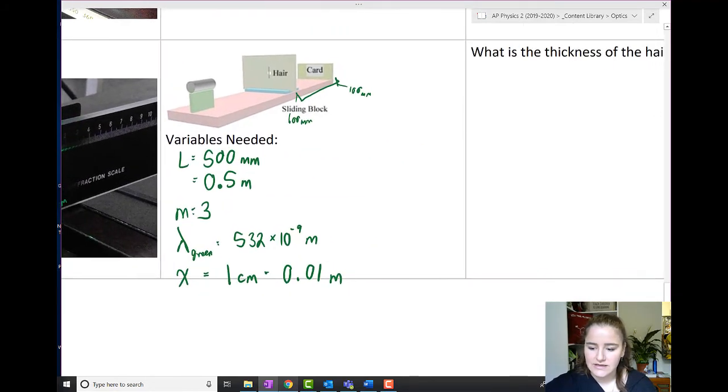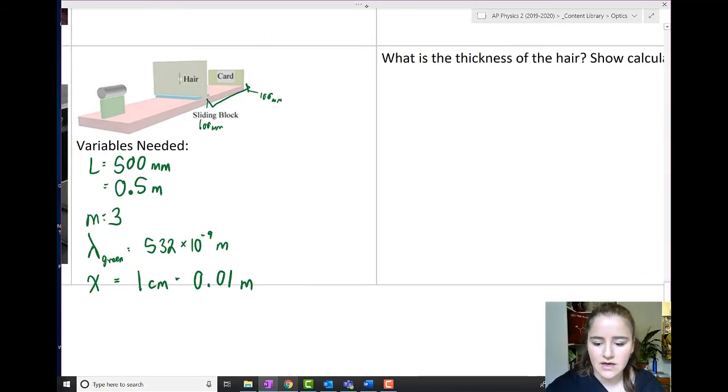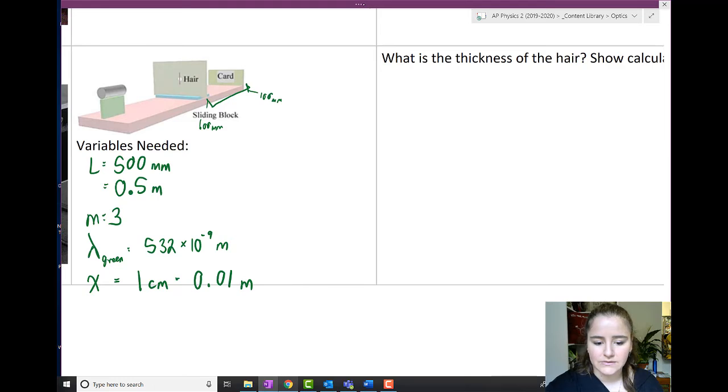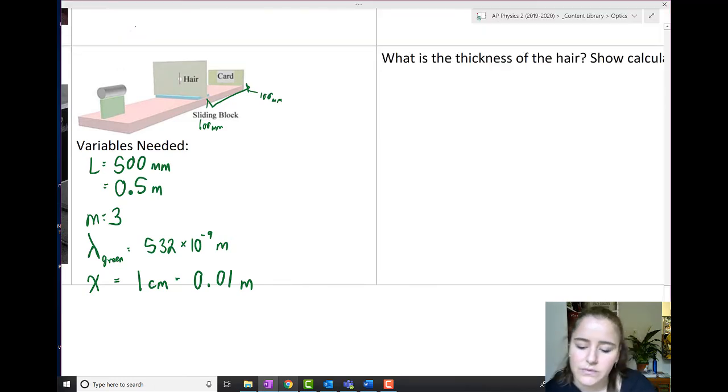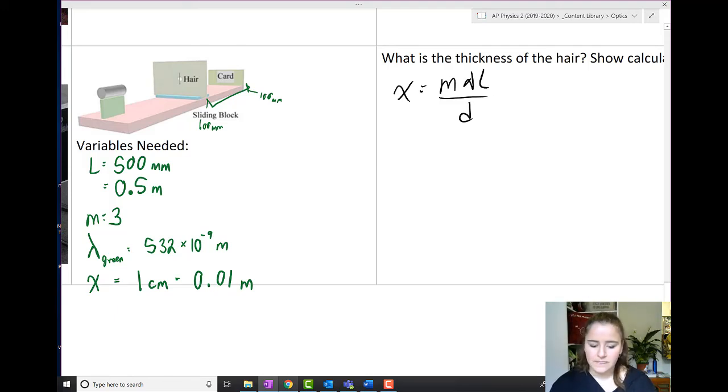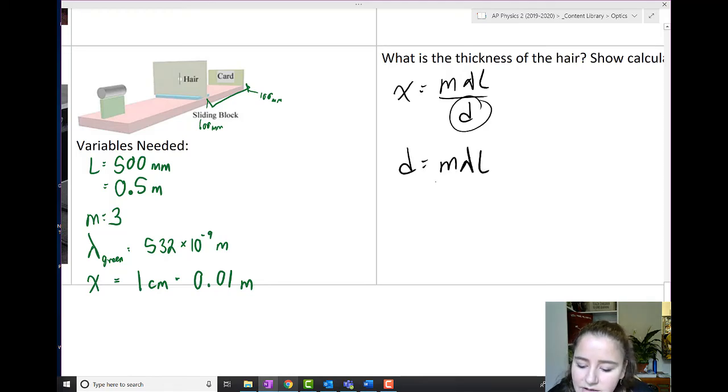Okay, so we're using the same equation that we've been using, which is x equals m wavelength L over d. This time we are again solving for the distance between the spacing, that d. So it is d equals m wavelength L over x. And we can go ahead and plug in our values and then see if our answer is reasonable.